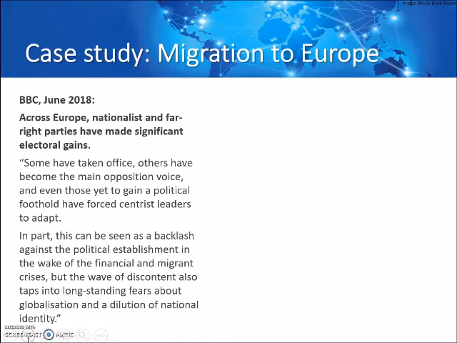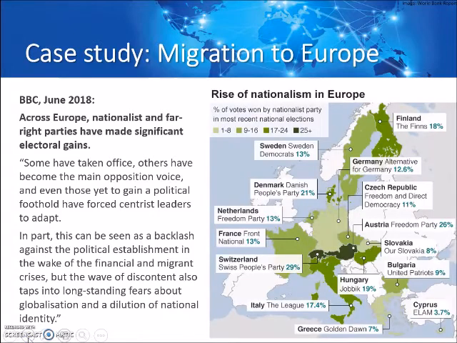In part, this can be seen as a backlash against the political establishment in the wake of the financial and migrant crisis, but the wave of discontent also taps into long-standing fears about globalization and about the dilution of national identity. This is a map that shows the rise of nationalism in Europe. These are the amount of votes that the right-wing or nationalist parties got in different countries.